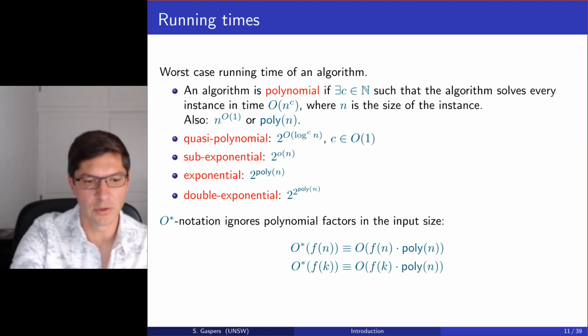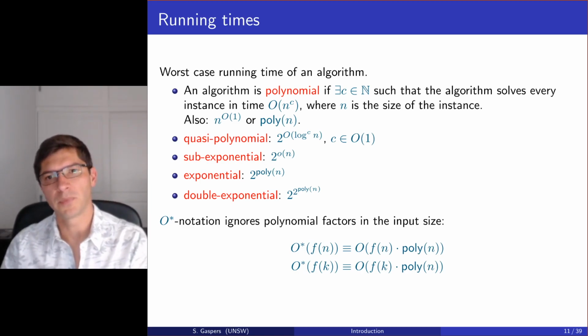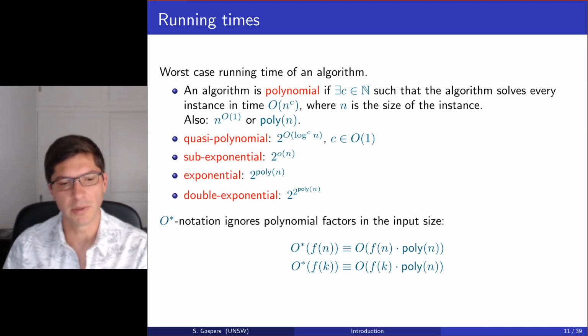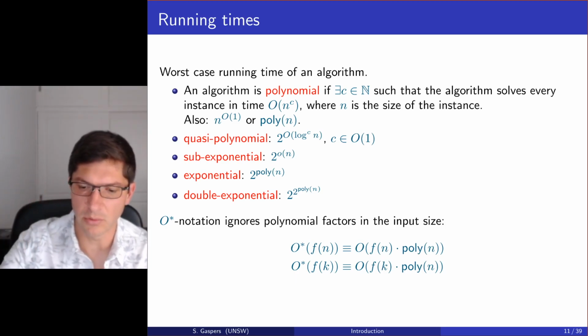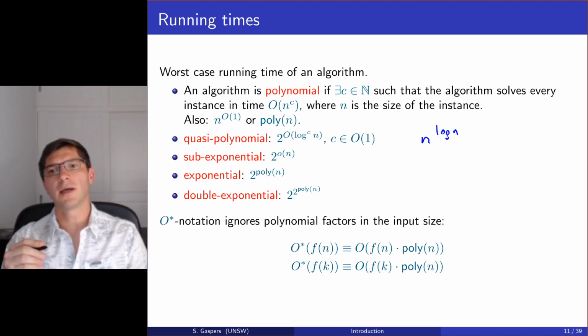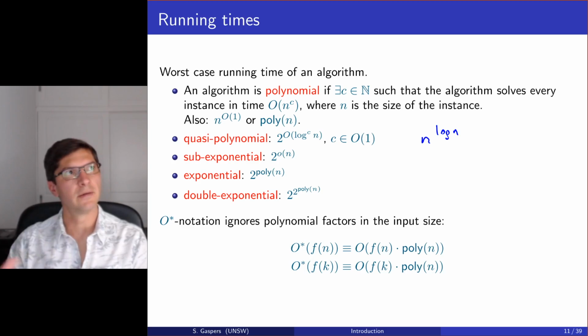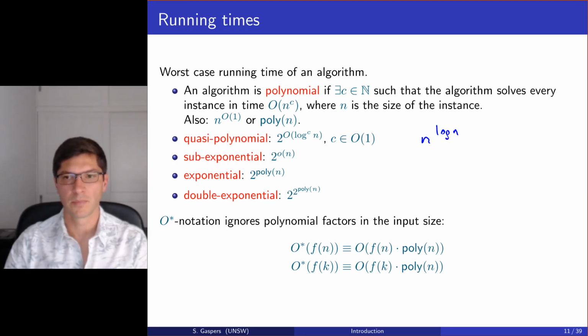Then there's the quasi-polynomial time algorithms. Here we have running times of the form 2 to the order log n to the power c. These typically arise when we have running times like n to the power log n. So we might have, let's say, a set of size n, and we need to select log n elements of this set. There's n to the power log n possibilities of doing this, and now we might run a polynomial time check for each of them. Then we end up with running times of this form.